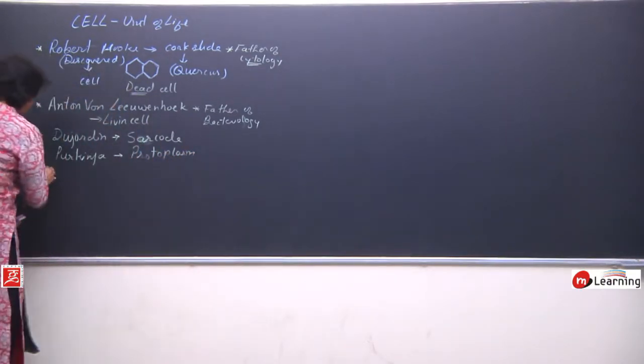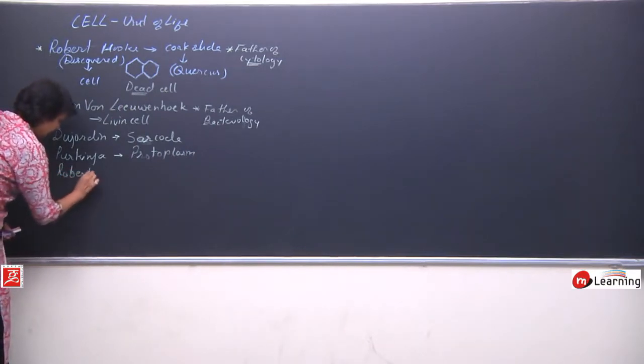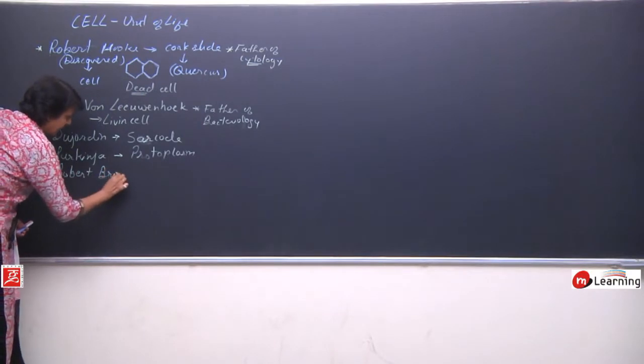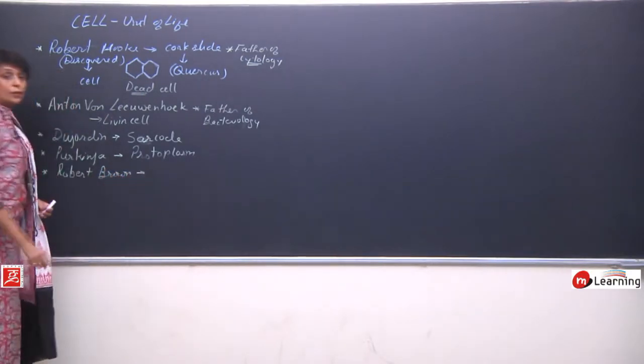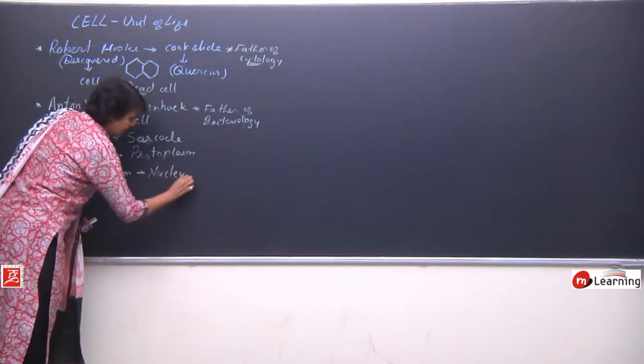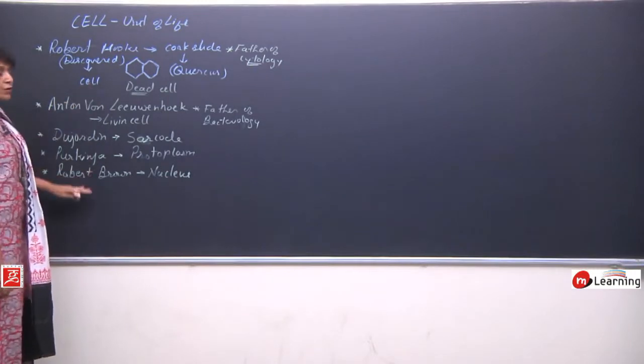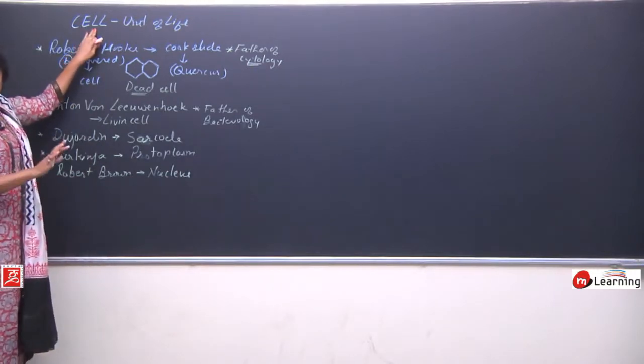Another scientist was Robert Brown, who discovered the nucleus. So these are important scientists and their contributions in the cell related things.